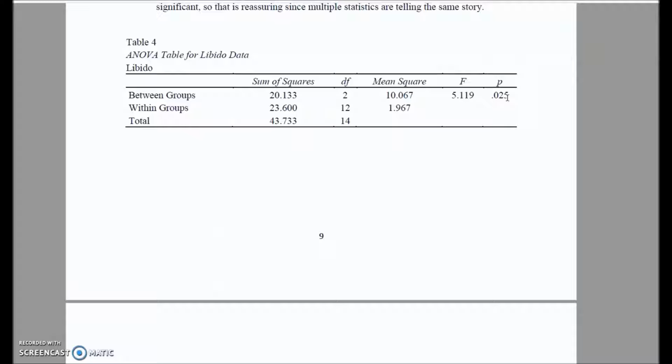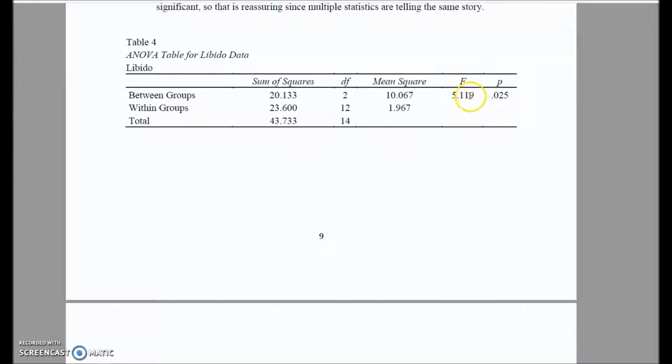That means there is a statistical difference between the three groups. Now, I don't know the differences between which groups, but I do know that there is a statistical difference. So my p-value is less than 0.05, which means I reject the null that there is no statistical difference. This is my F value. Remember, how will I report my F value?